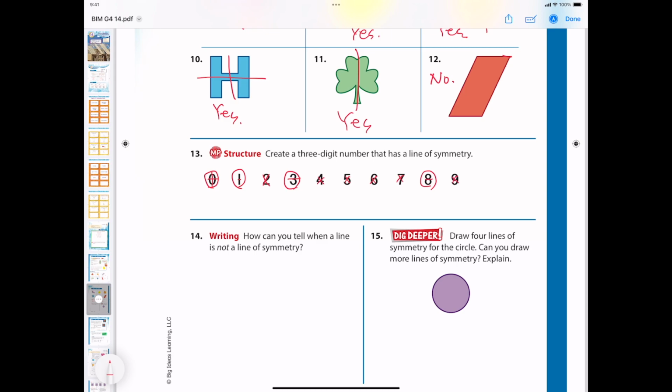And 9. So now you need to create a 3-digit number. Maybe I can say 130, 103, or 180, or 183. No, you can make more, okay?